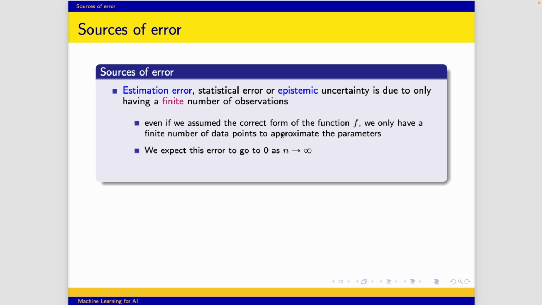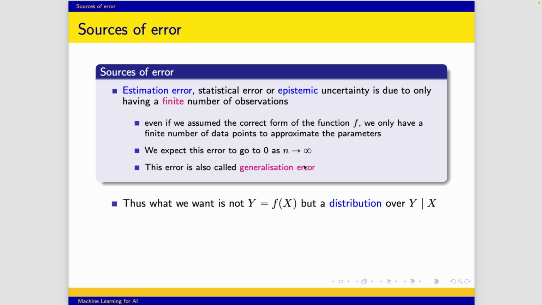So this is error that in theory we can control by getting more data points, if that's even possible. This sort of error is also called generalization error. We will discuss generalization error quite a lot later, but certainly this plays an enormous role in machine learning, and we will make this very precise at some point.